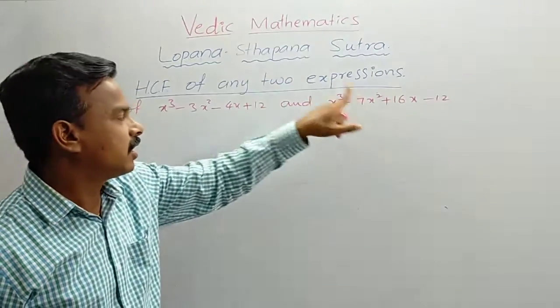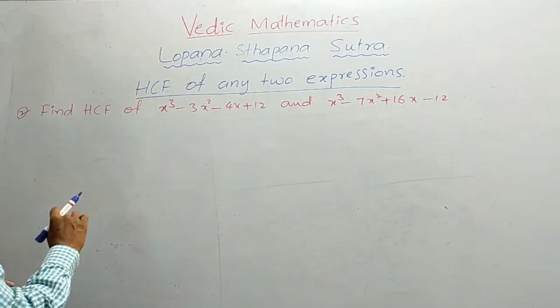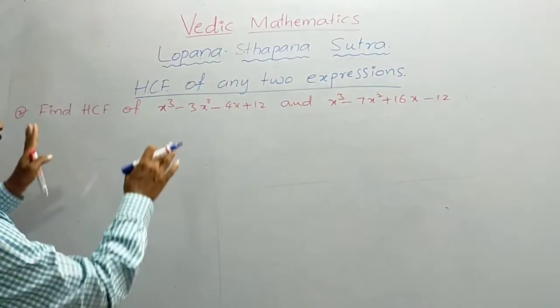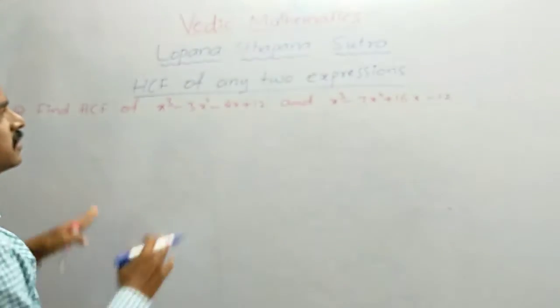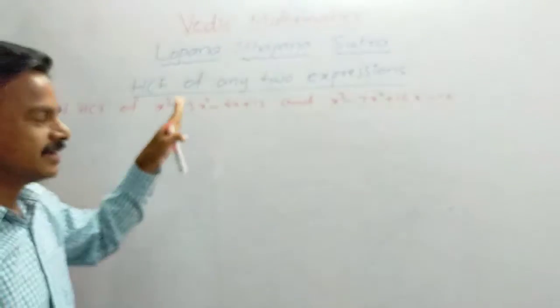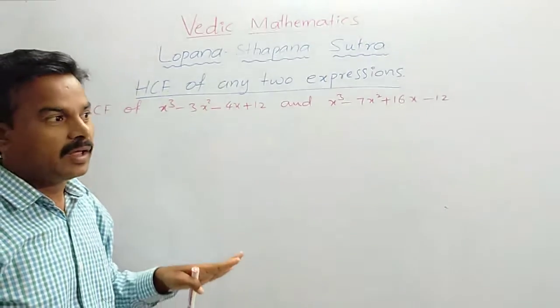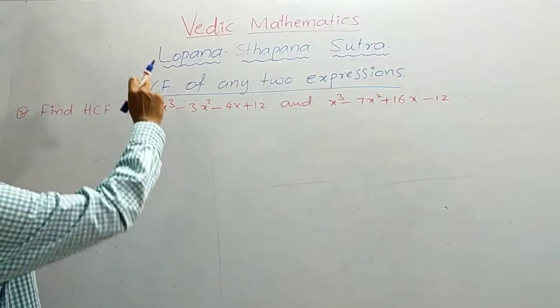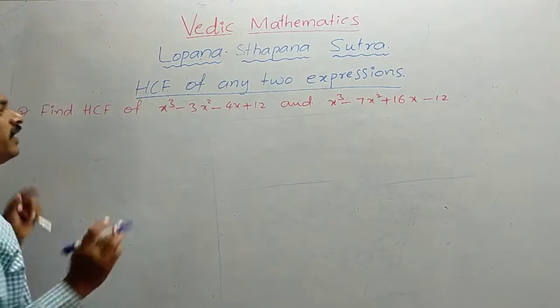These two expressions are cubic expressions. Of course, if we do it in the current method, it takes much more time than for quadratic expressions. But by using Stapana Sutra, it is very easy.